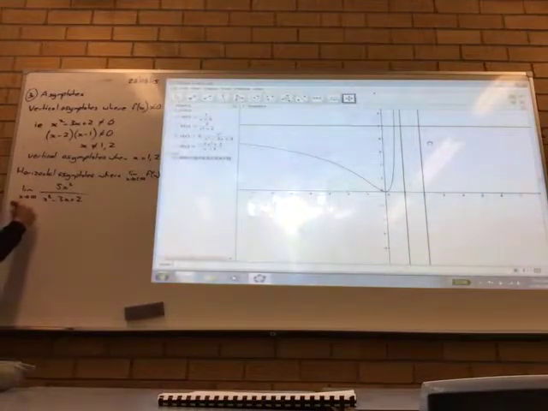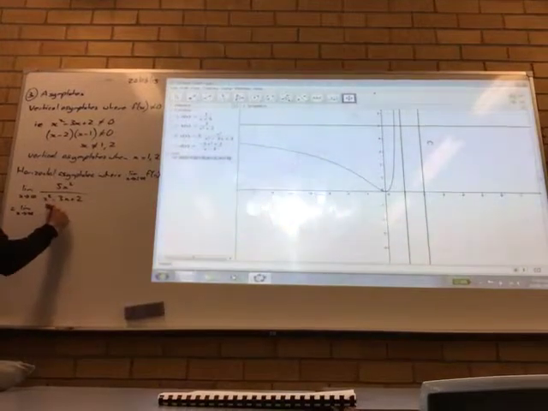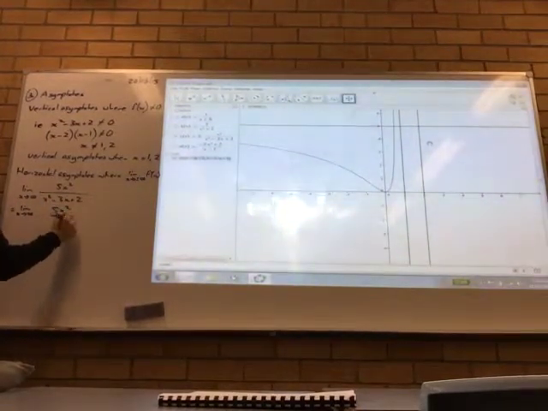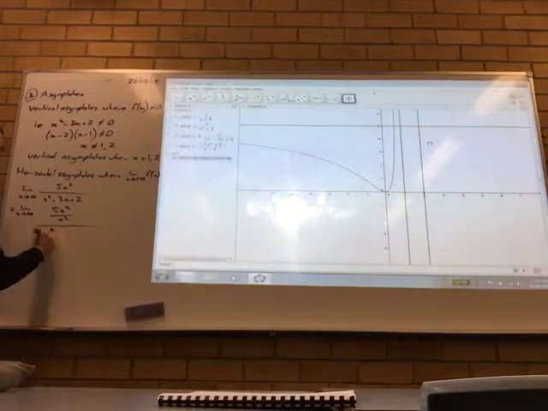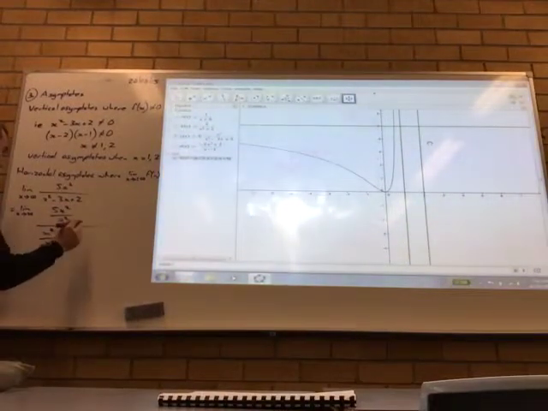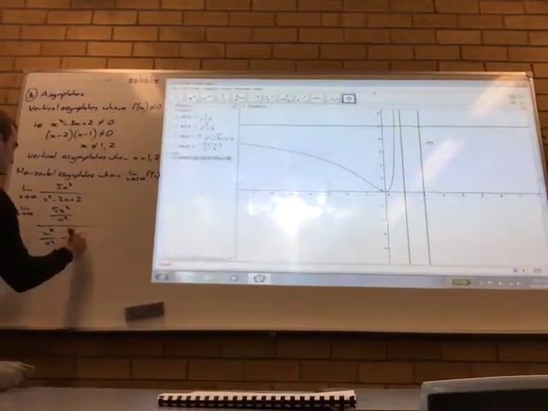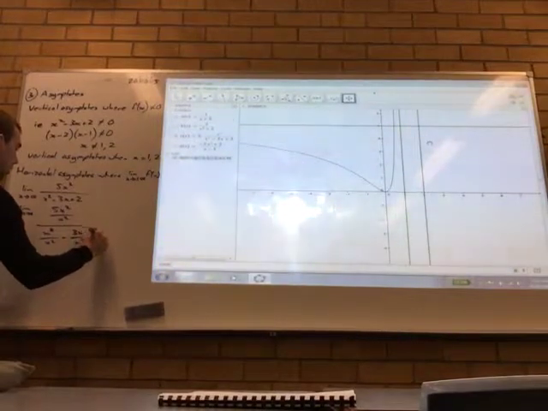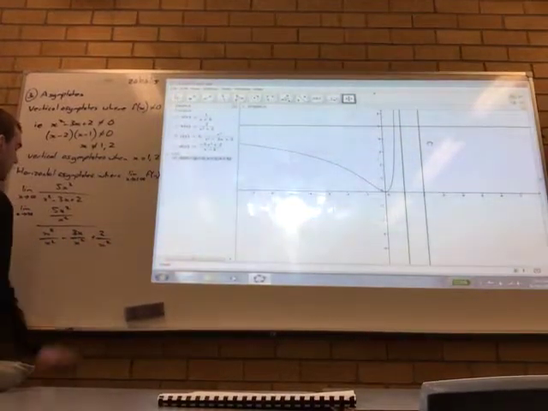Right, so limit as x approaches infinity of 5x squared over x squared, all over x squared over x squared take away 3x over x squared plus 2 over x squared.